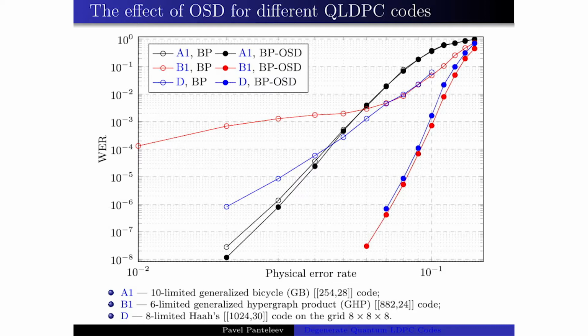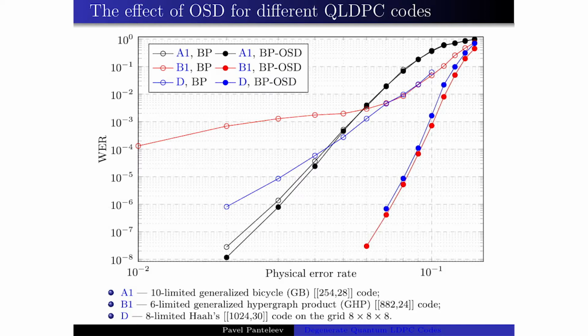And here you can see some simulation results that we performed for some of the codes that we use. Here you can see that for some codes, for example, the Bravyi code, you do not gain much, because for this code the BP decoder works really well.